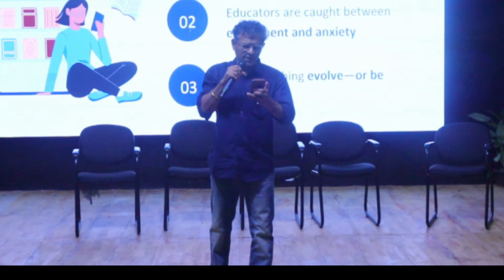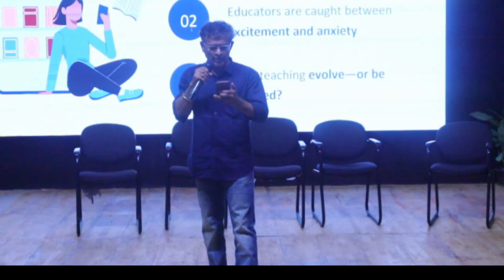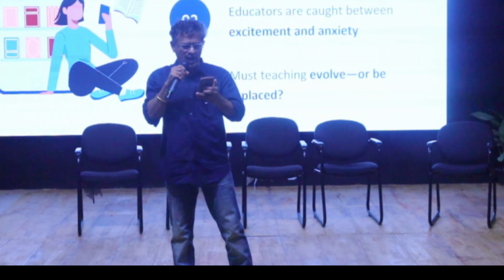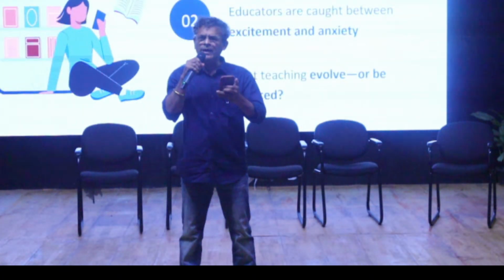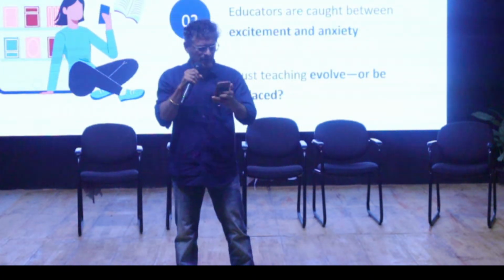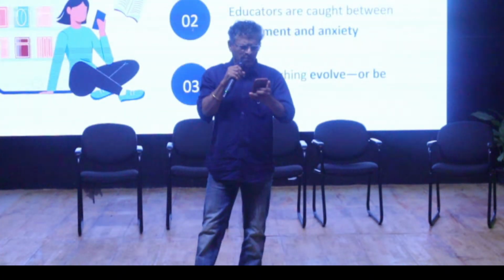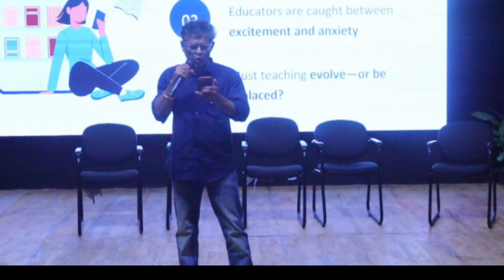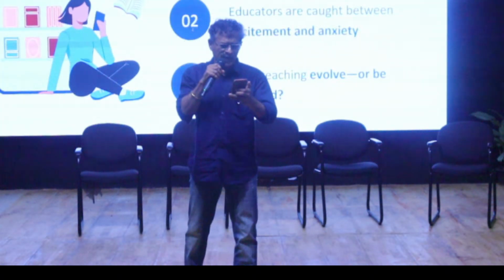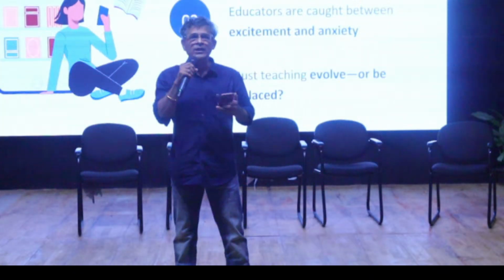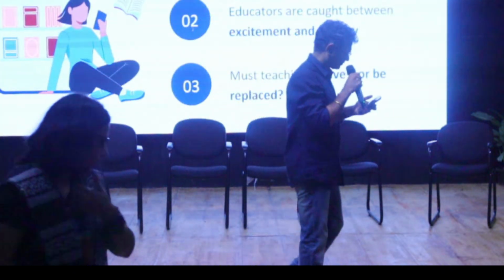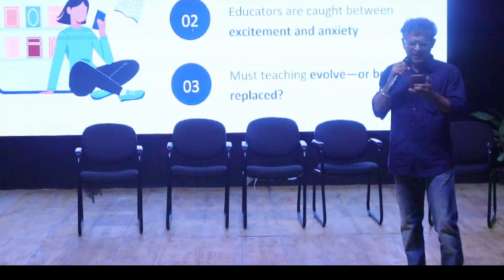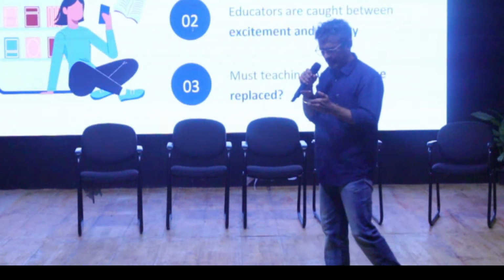This brings us to an essential dilemma. Must our teaching methods evolve, or are they at risk of being replaced totally? We need to strike a balance between leveraging AI and preserving the core of what makes design education uniquely human. This paper is an exploration of how we can navigate these transformations together.